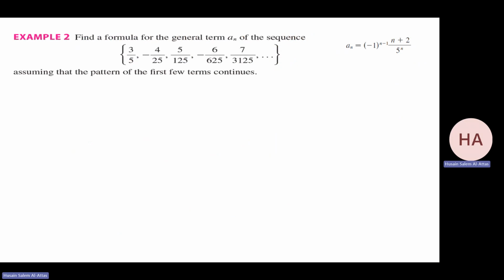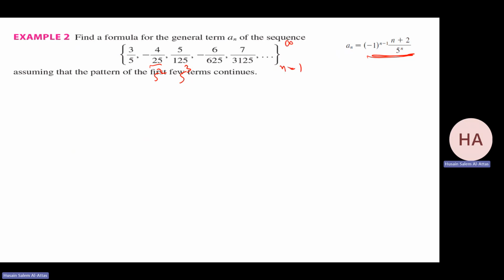Sometimes I'll ask you to find the formula and then find whether the sequence converges or diverges. This one, I think we did it before, and this was the formula. I have 5, 5 squared, 5 cubed, so I have 5 to the power n, with the minus sign, starting from n equal 1.